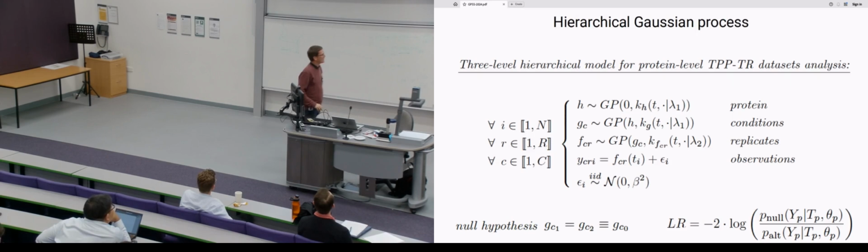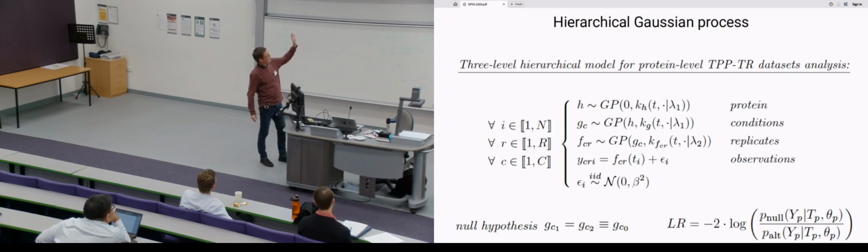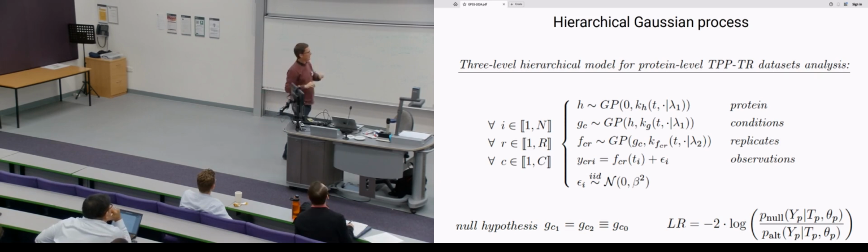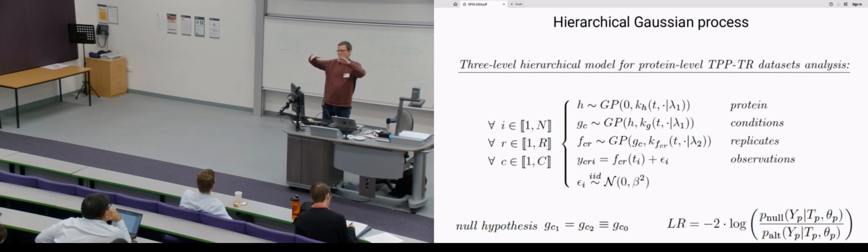So just to write that down mathematically, you've got your protein level, that comes from a GP, and then each condition is another Gaussian process centered at the higher level in the hierarchy. So each condition is like the general protein shape, but can differ because there are some condition differences.